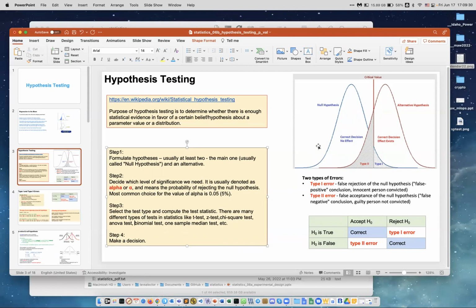People distinguish 2 types of errors in tests, type 1 error and type 2 error. And so this is a table about it. Type 1 is a false rejection of a null hypothesis, and type 2 is a false acceptance of the null hypothesis.